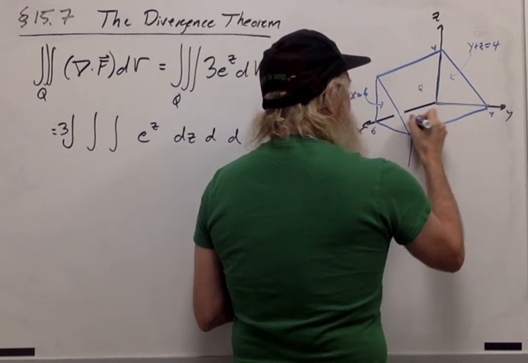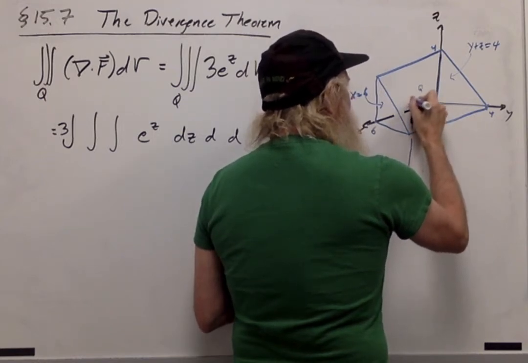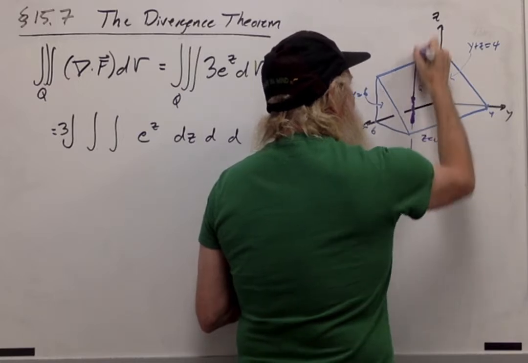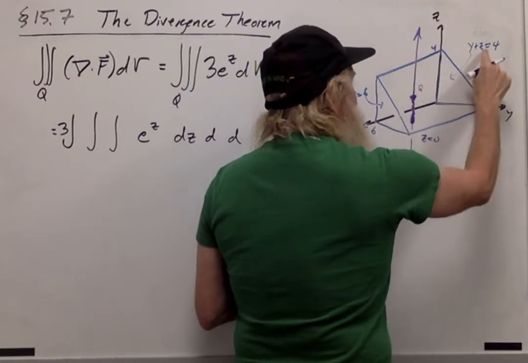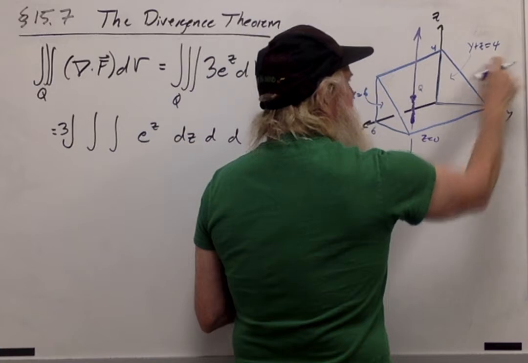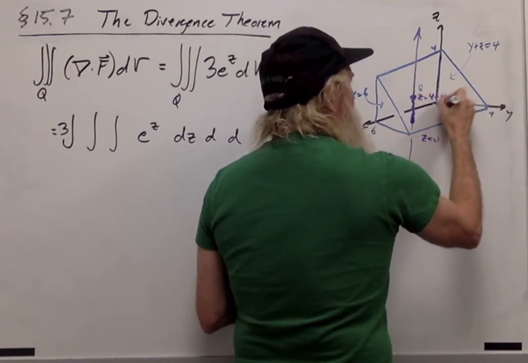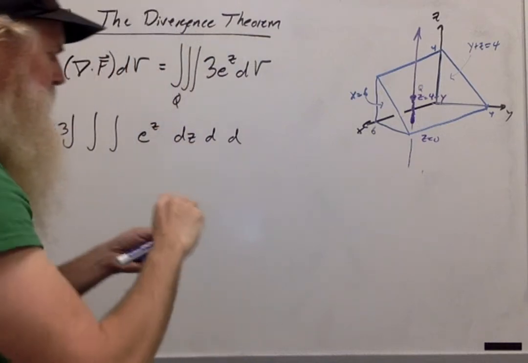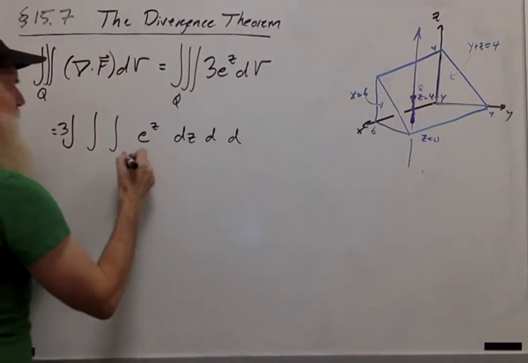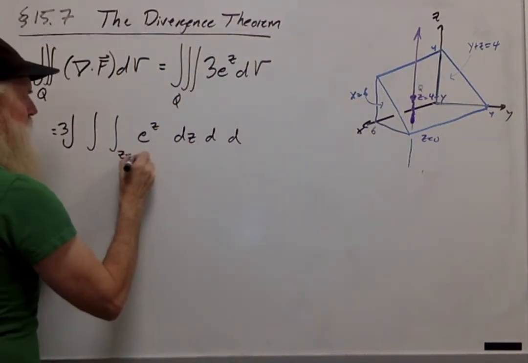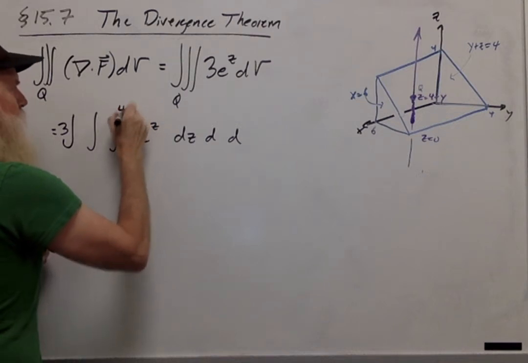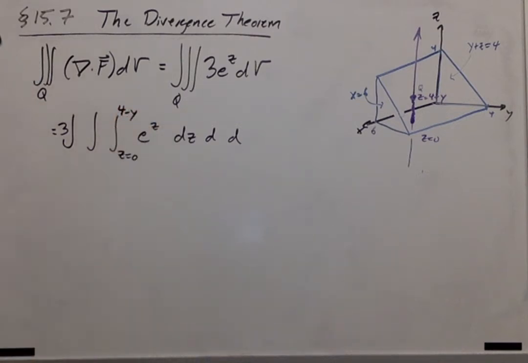Then it's going to continue up on the interior of this solid until it hits the slanted plane, y plus z equals 4, in other words, z equals 4 minus y. So to set up my bounds with respect to z, I'll be going from z equals 0 to z equals 4 minus y.